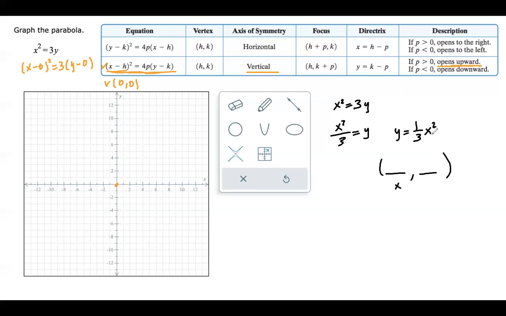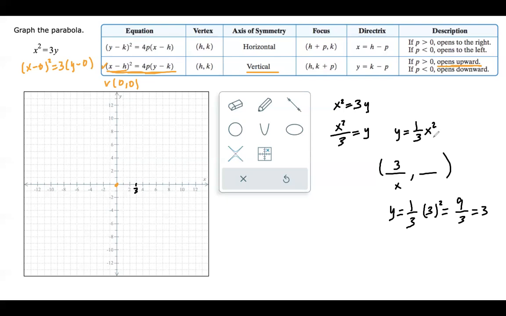In order to have a friendlier outcome, let's say I use 3. So I'm going to ask myself, what happens to y when x is 3? If I substitute that particular value in my equation, I'm going to have 3 squared. So that's 9. 9 over 3, that's 3.